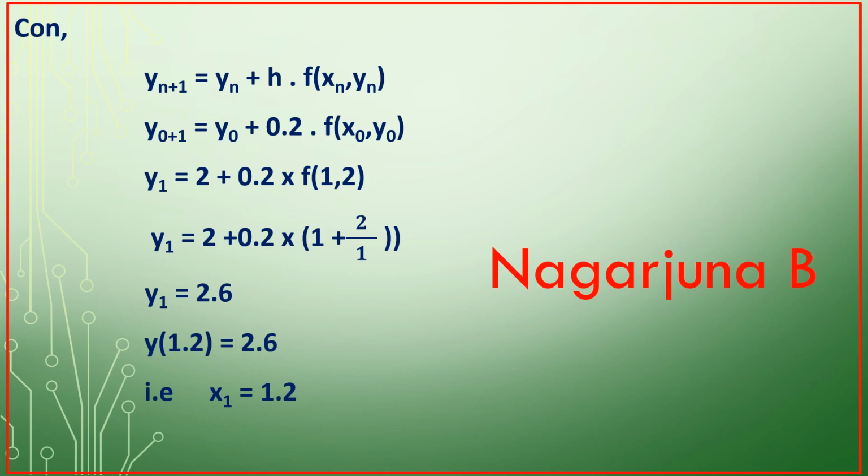That means we need to make the calculation of x and y again by using Euler's formula. So here y of 1.2 is equal to 2.6, that is x1 is equal to 1.2 and y1 is equal to 2.6.